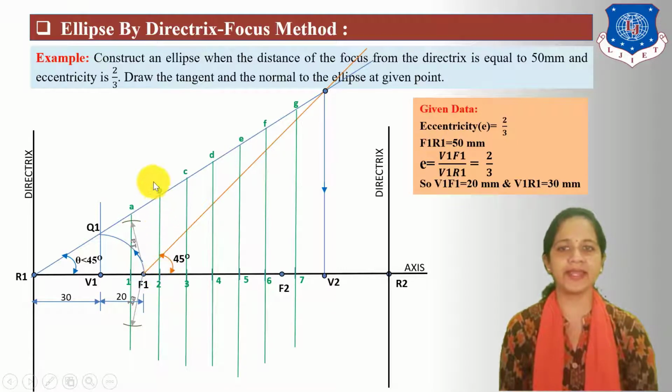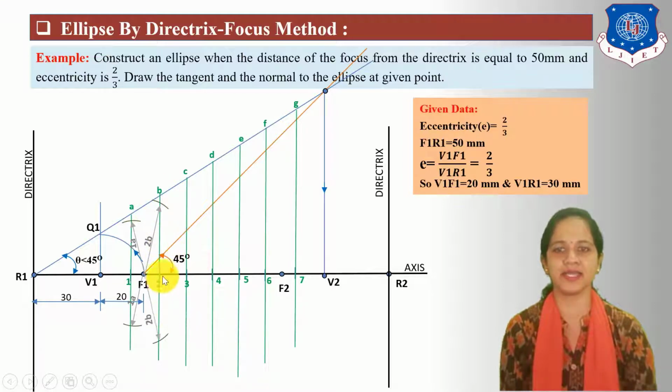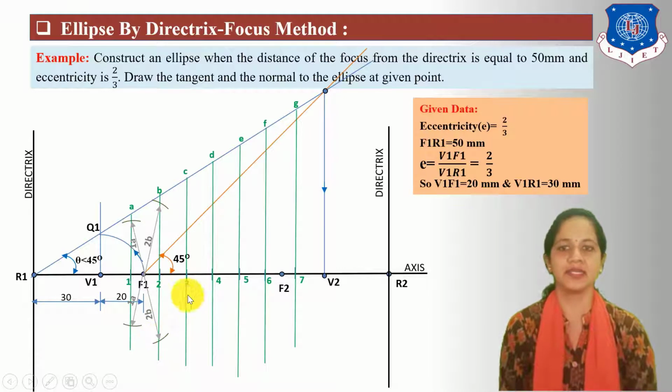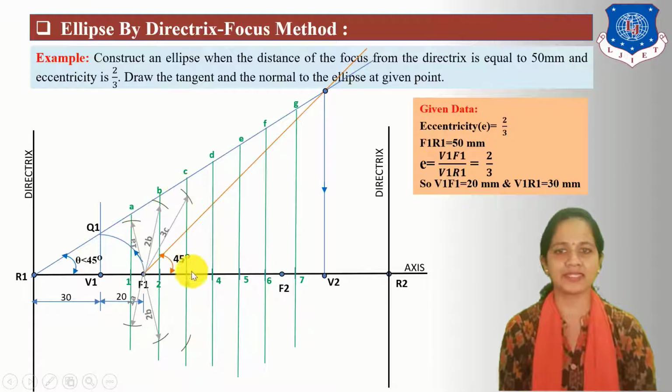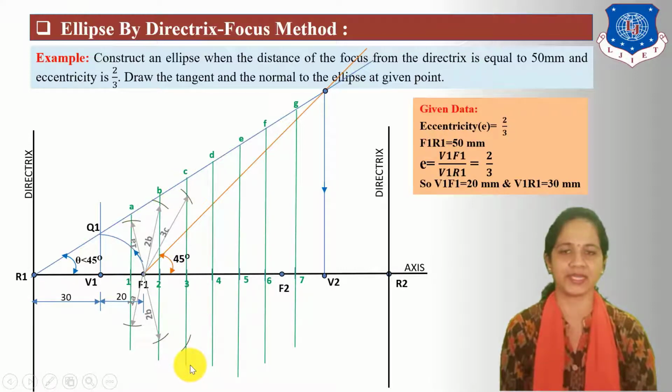Next, take radius 2B, center F1, and cut two arcs on this 2B vertical line, one above the axis and another below. Similarly, take radius 3C and cut two arcs on this vertical line, one above the axis and another below.